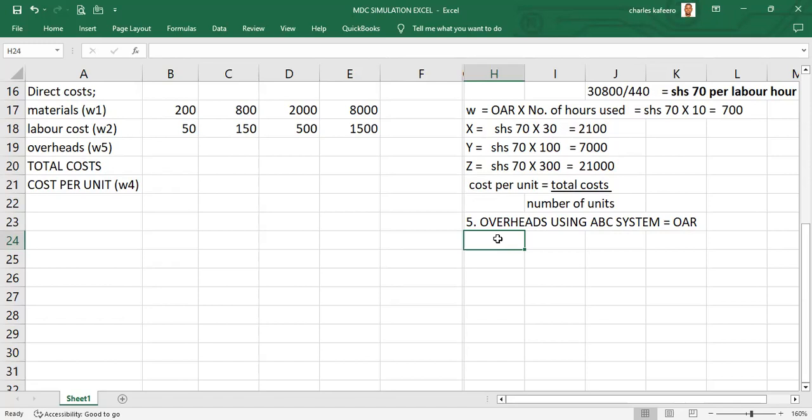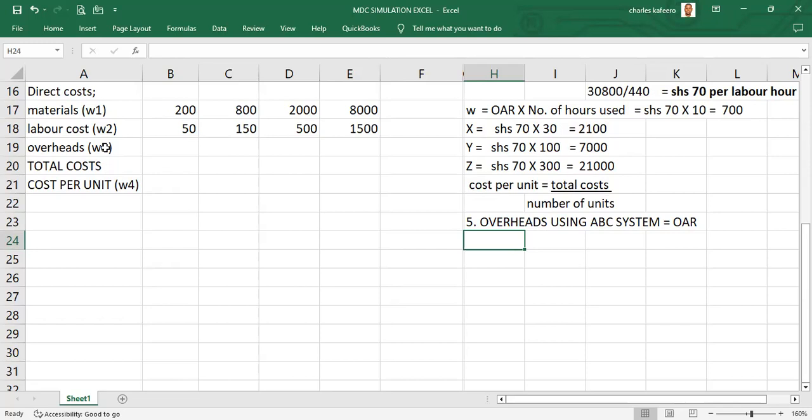So these overheads that we are seeing here, we are going to get a working for each of them. Remember they were 1, 2, 3, 4, 5. They were 5: short run variable costs, setup costs, expediting and scheduling, material handling.